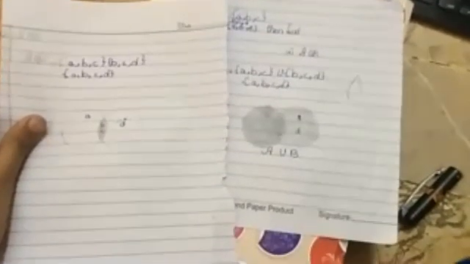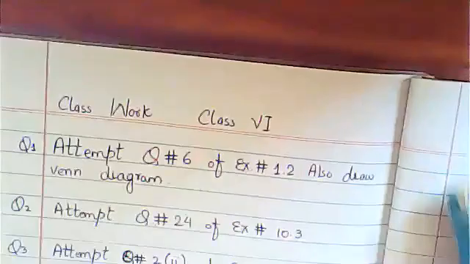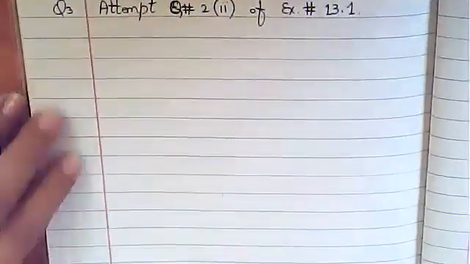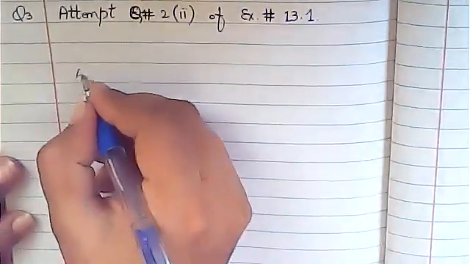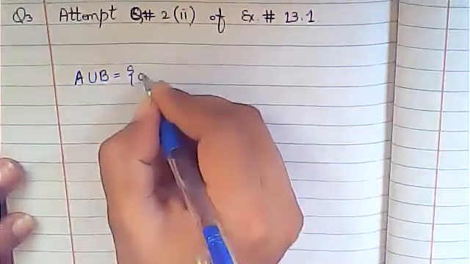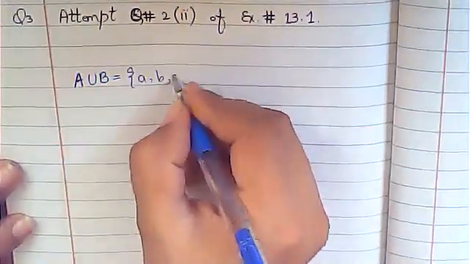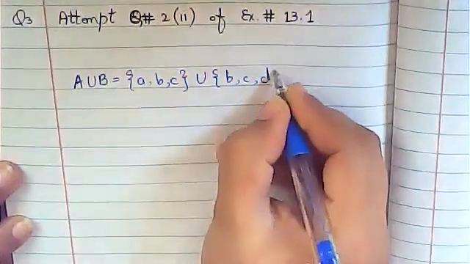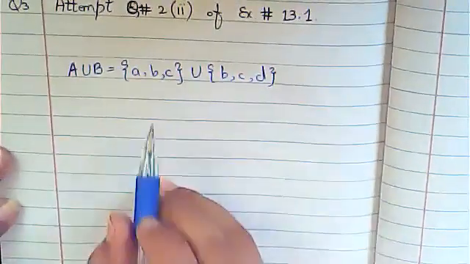Now, everyone, those who are doing the wrong work, please listen to me very carefully. I'm going to explain why you are doing wrong work. Number one, you have to find A union B. You will write A, B, C union B, C, D. Okay, just a minute, Iman.